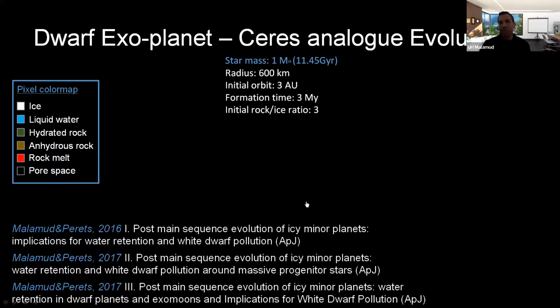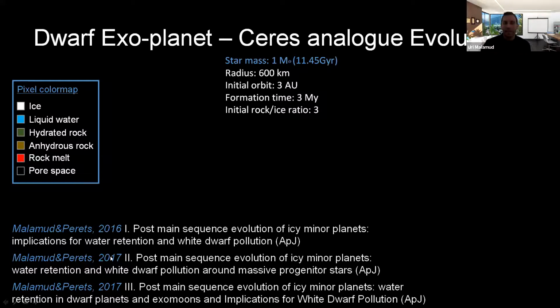And what we did here, in a series of papers that were, I think, first of their kind, and still are, we calculated thousands of different simulations of objects like this, of different sizes, surrounding a star like the Sun.